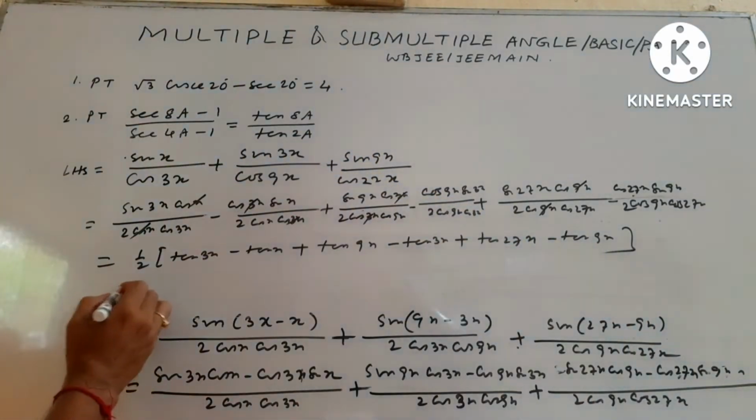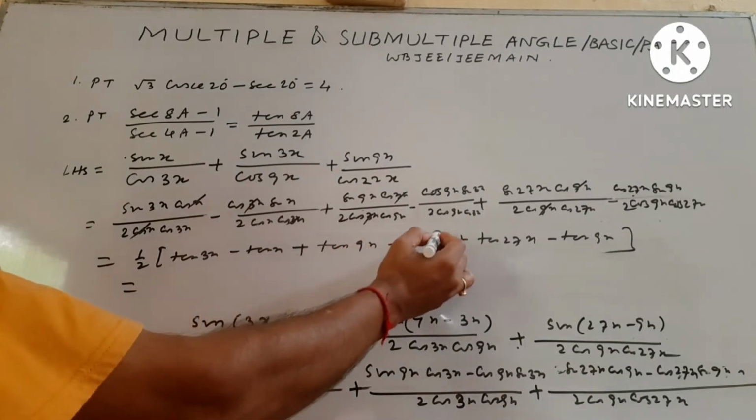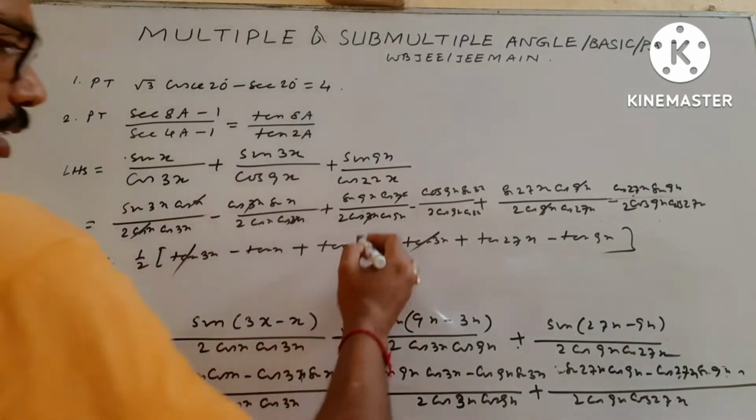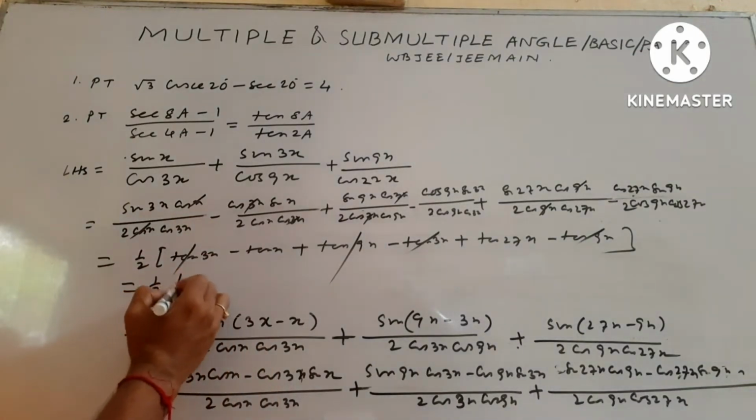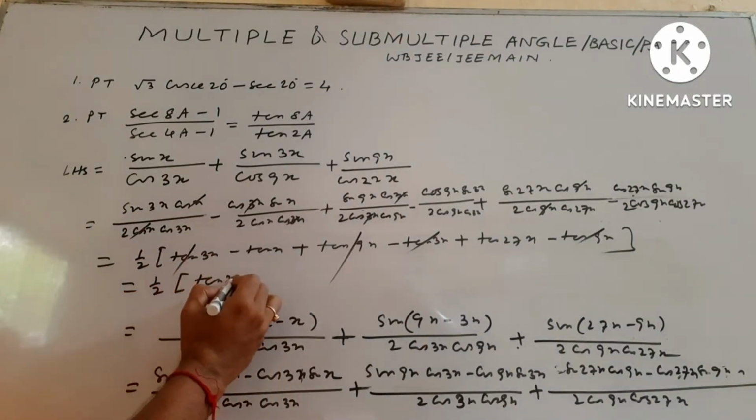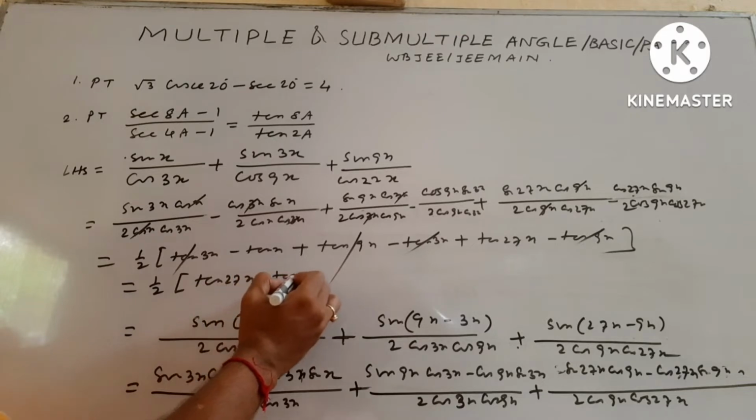So tan 3x cancels, tan 9x cancels, and we are getting half of tan 27x minus tan x.